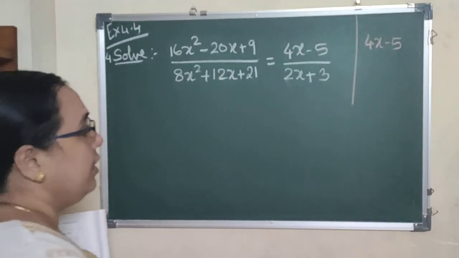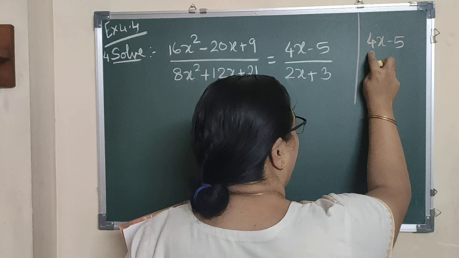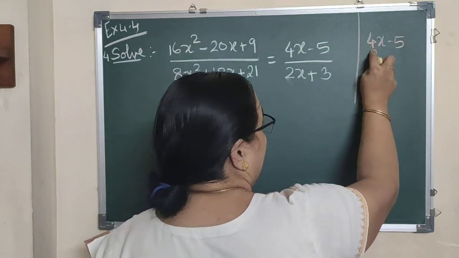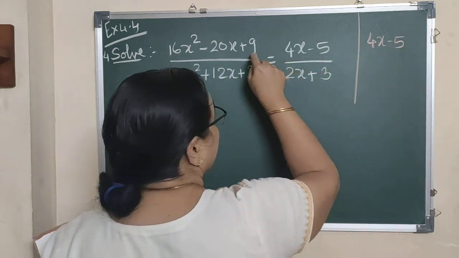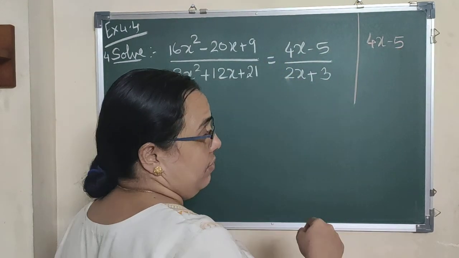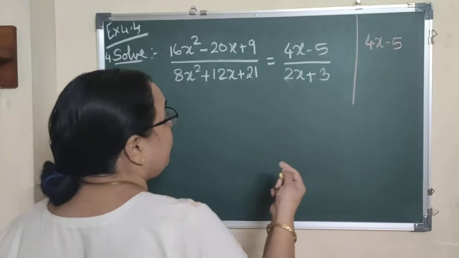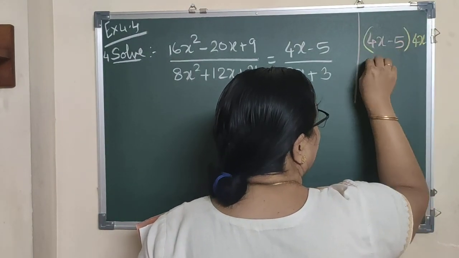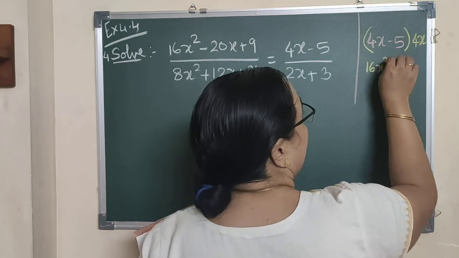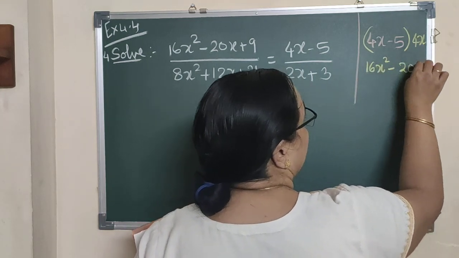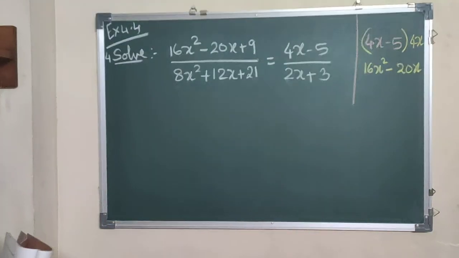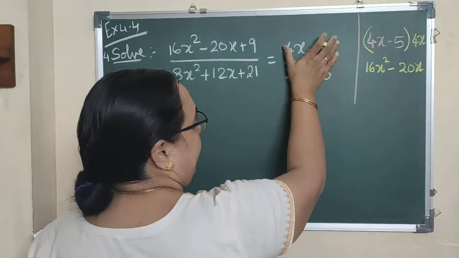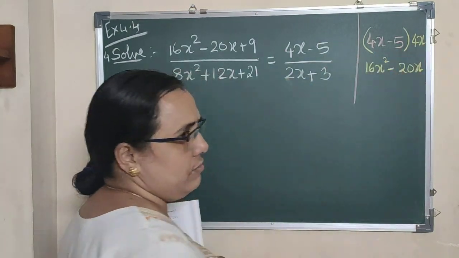If I multiply 4x minus 5 by 5, I will get 20x for sure. But I will not be getting this 9 which is going to help me. So I have to think of multiplying this by 4x, which would give me 16x squared minus 20x. So that is the reason I want to multiply the second ratio by 4x.